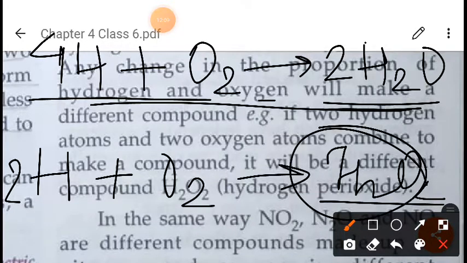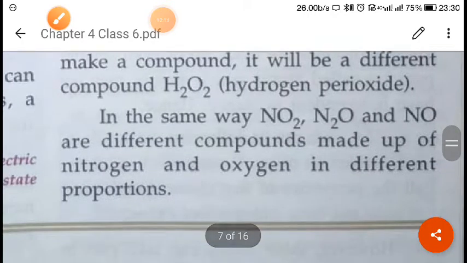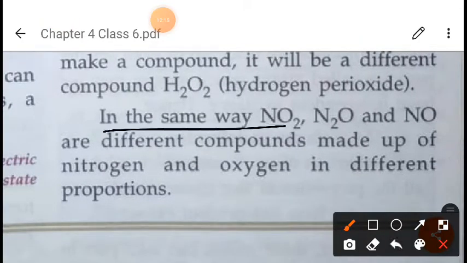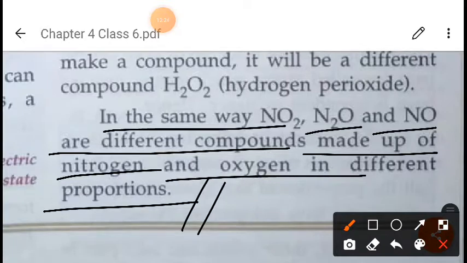This is hydrogen peroxide, okay? So as you can see, I hope you have understood this, right? In the same way, NO2, N2O or NO are different compounds made up of nitrogen and oxygen in different proportions, okay? So I hope you have understood this, right?